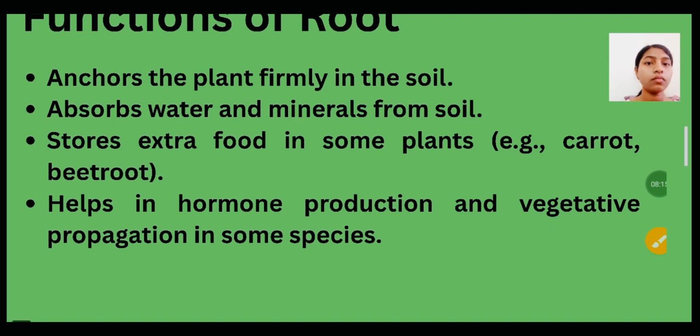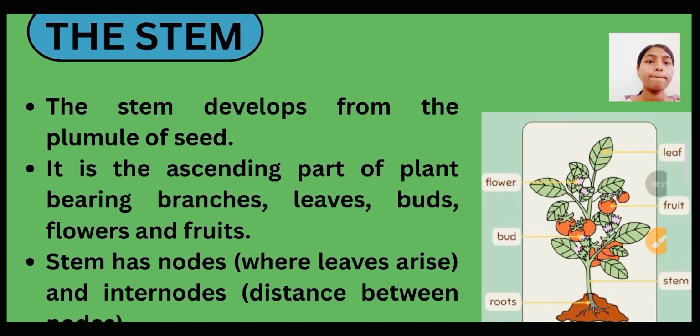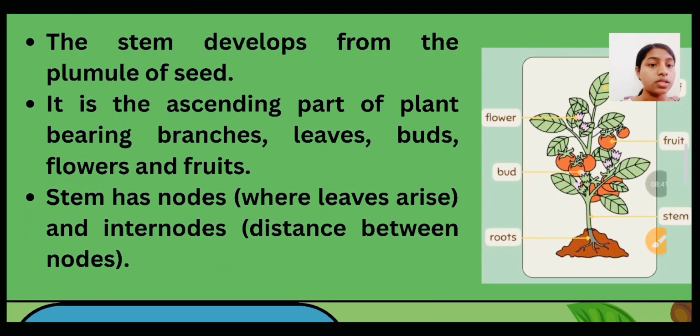Okay, next we will discuss the stem. The stem develops from the plumule of the seed. It is the ascending part of the plant bearing branches, leaves, buds, flowers and fruit. The stem has nodes where leaves arise, as you can see in the pictures, and internodes, the distance between the nodes.